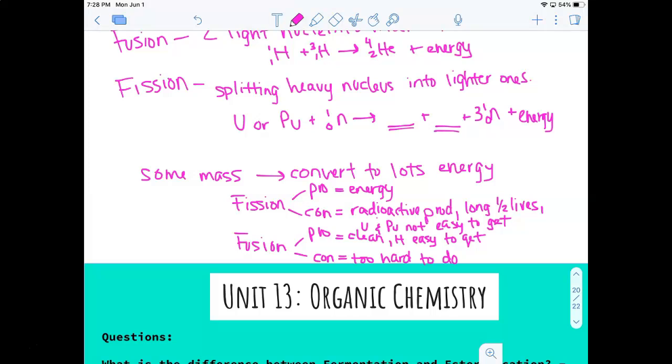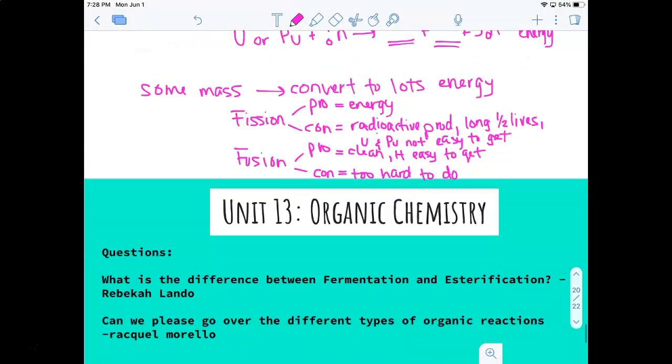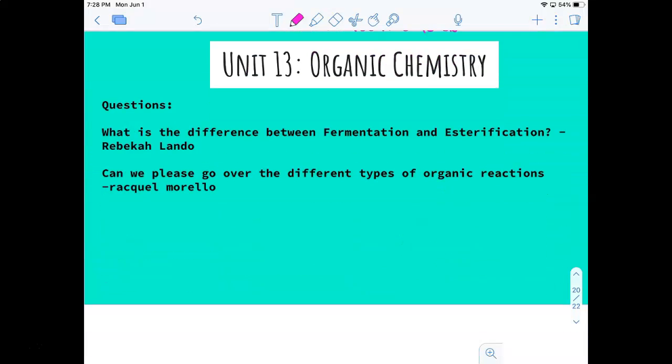As soon as they get close, they start repelling, and you can never get them to touch each other because it requires too much energy. So it's the same thing with fusion. It takes so much energy to push two positive things together that the amount of energy you get out of it is actually not worth it. So if we ever figured that out one day, we would have a lot of problems solved with the energy crisis. But right now it's too hard to do.